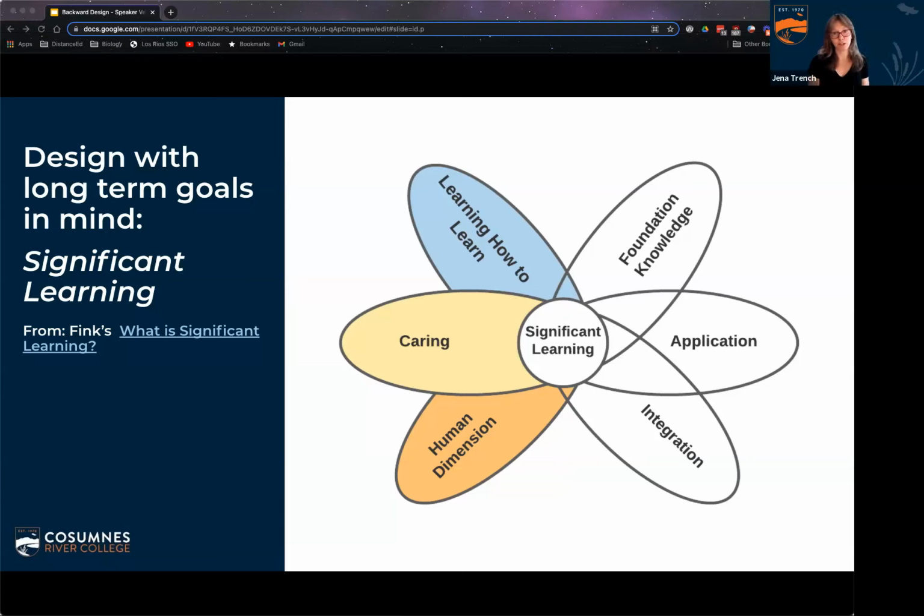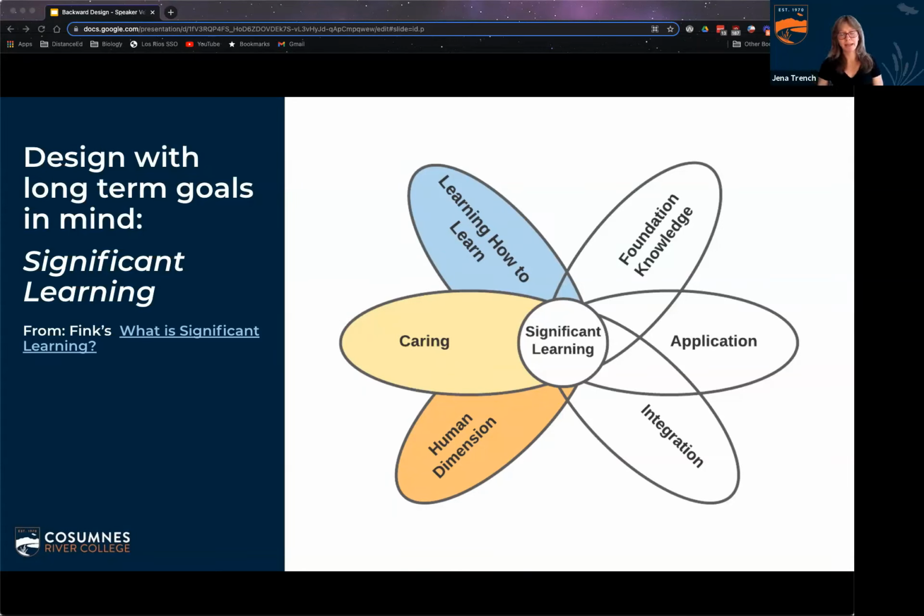And that's the human dimension. And instructors that have that human dimension and that caring and that learning how to learn usually have successful outcomes because students are fully engaged and they care about the content and they can relate it to their lives.